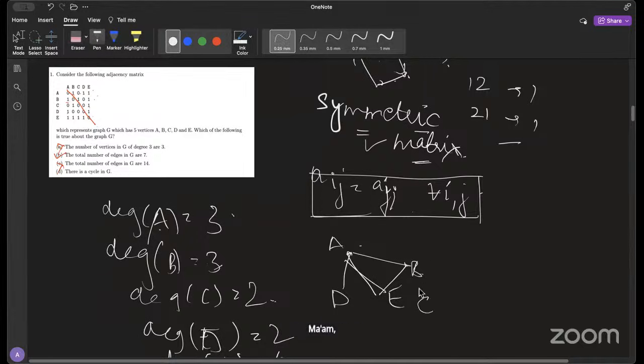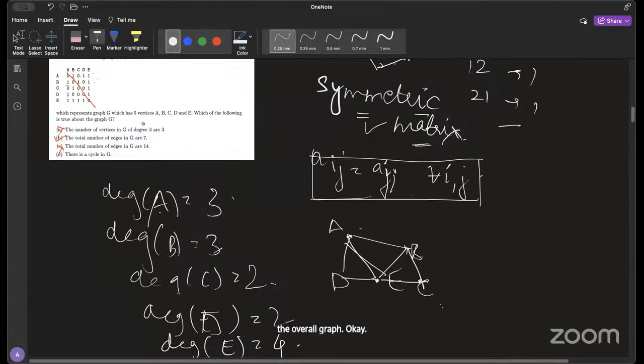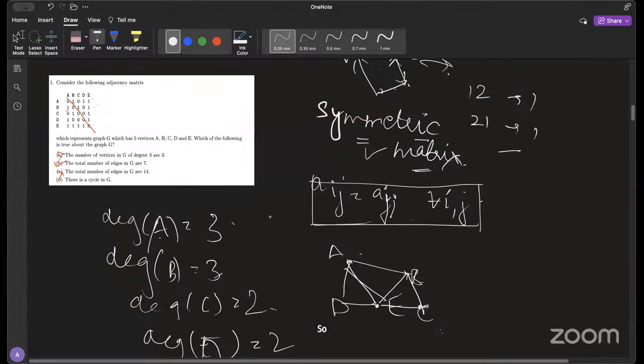Everything is connected to E. This is the overall graph, right? Yes. Now for detecting the cycles, because you don't have any directions here, these will be cycles.